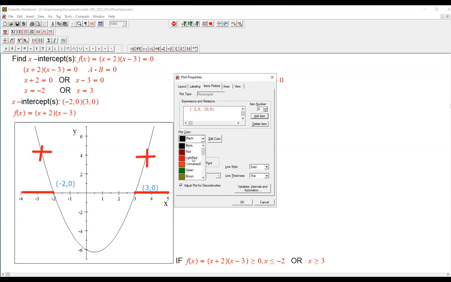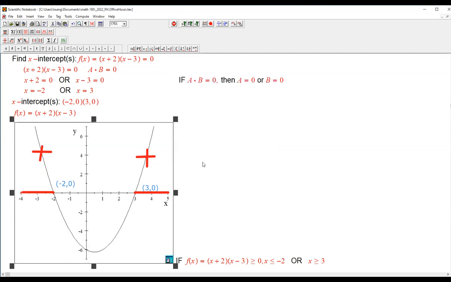I'm going to make this thicker. That line, another line. So this is going to be 3, 0, 10, 0. Then I'm going to remove all of this stuff over here.